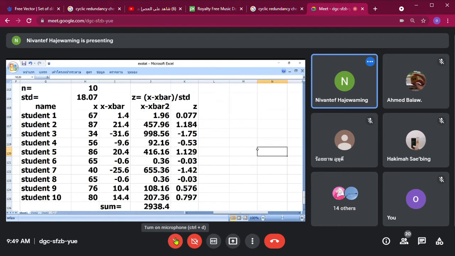And then student number 1 got a score 67, but Z score 0.0716, and student number 2 got a score 87. We change to the Z, which is 1.184, right?